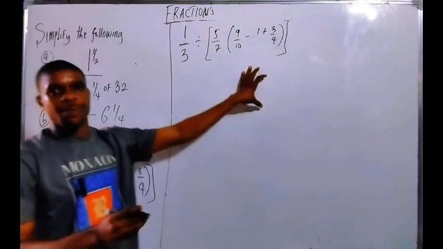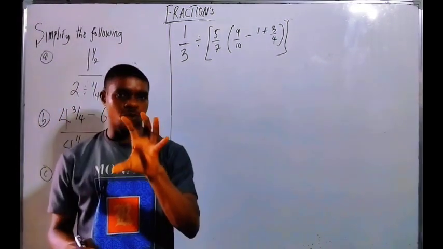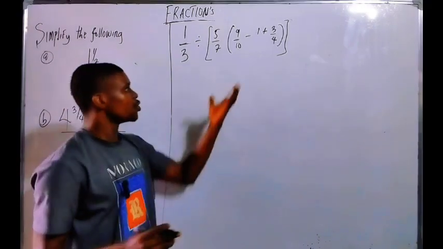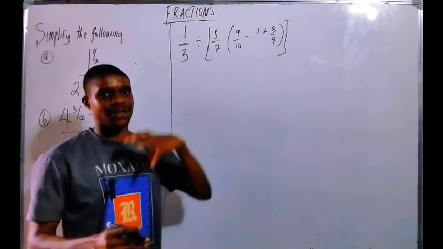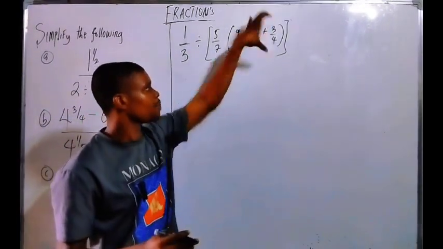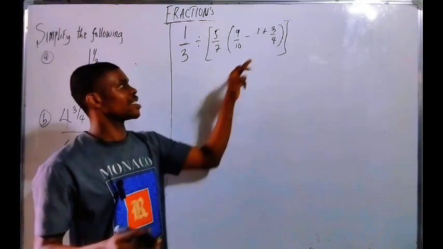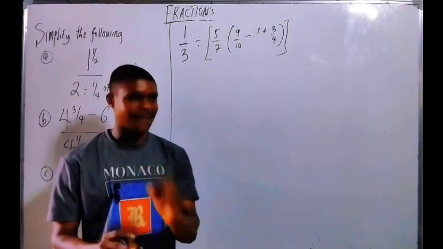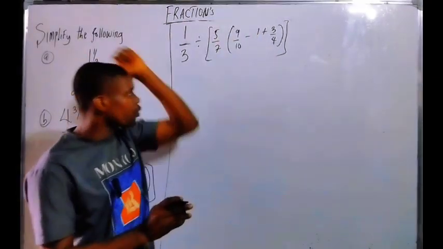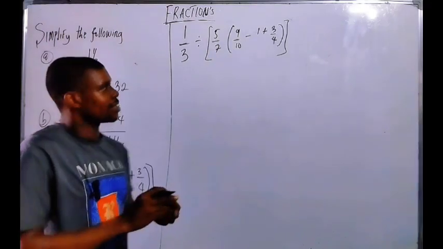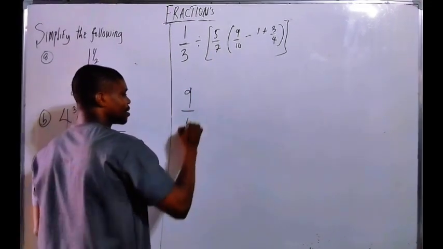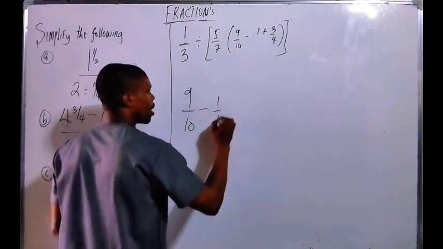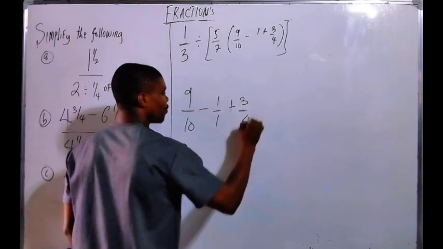Now, remember, according to BODMAS, you must focus on the what? On the bracket, right? So here is the bracket. Now, inside the bracket, there's also another bracket, which is this one here. So I want to evaluate everything in this bracket. Do you understand? So if you bring everything out, here we have 9 over 10 minus 1 over 1 plus 3 over 4, right?